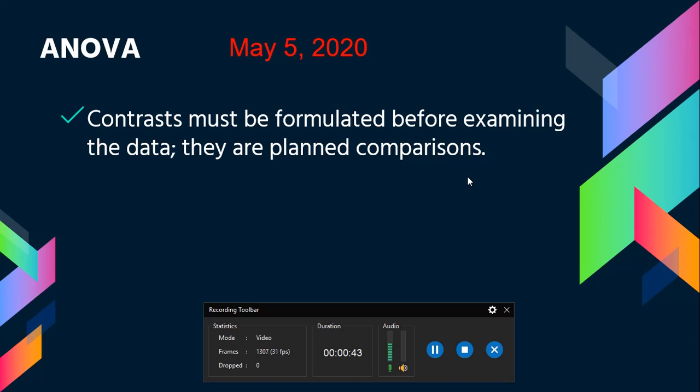You might also think that the freshmen throw most of their lunch away, where sophomores, juniors, and seniors maybe eat more of it for whatever reason. We might compare the freshmen to the sophomores, juniors, and seniors. The contrast really can be anything that you want, but it has to be formulated before you examine your data and before you start your experiment.